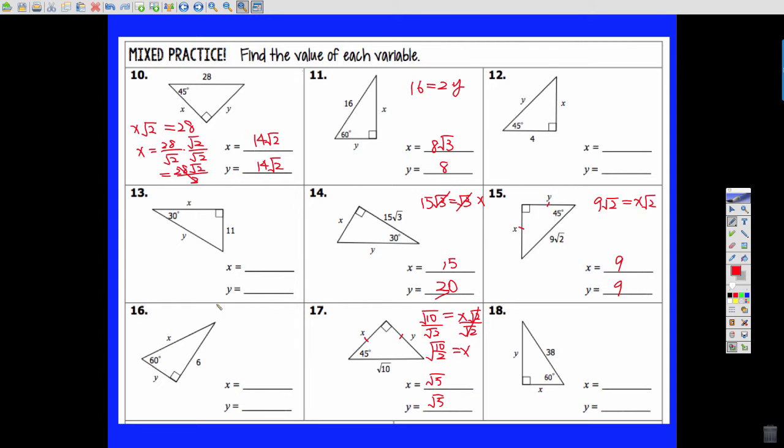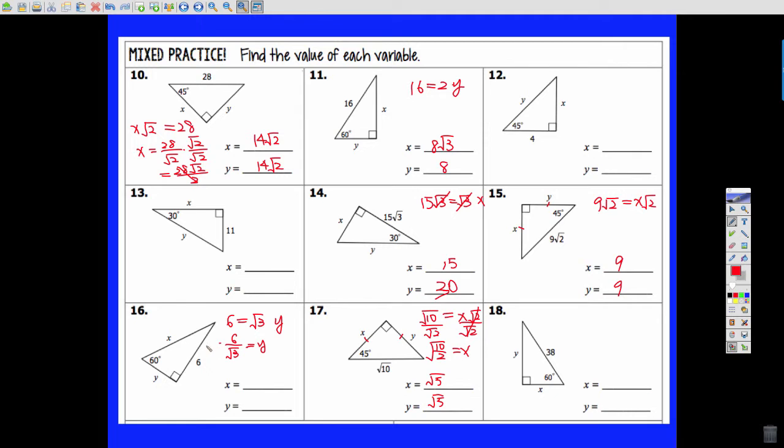Let's do 16. 16 is 30-60-90, so the focus is on the short leg. I don't have the short leg, I have the long leg. Long leg is 6. Long leg equals root 3 times the short leg y. Therefore, 6 over root 3 equals y.